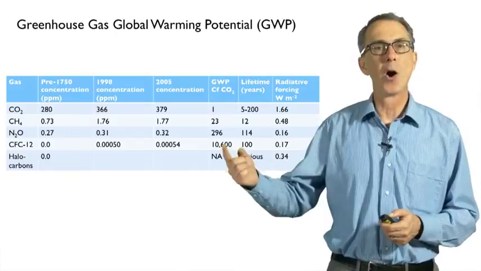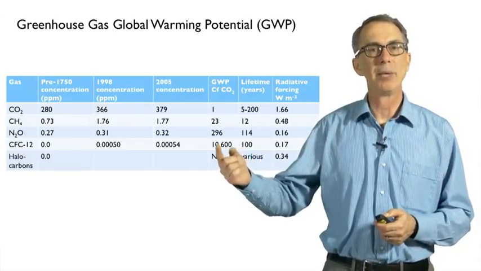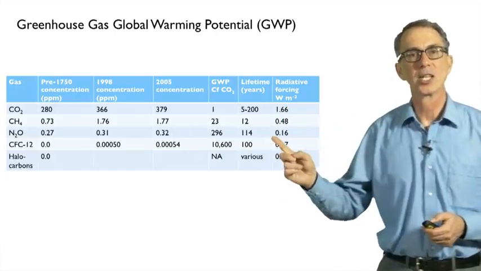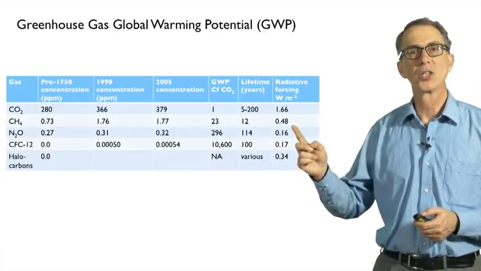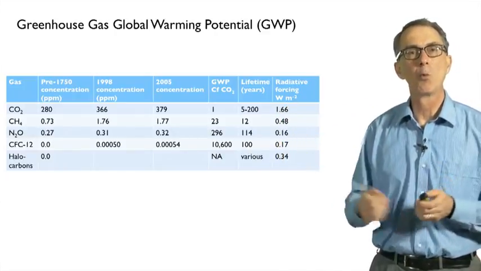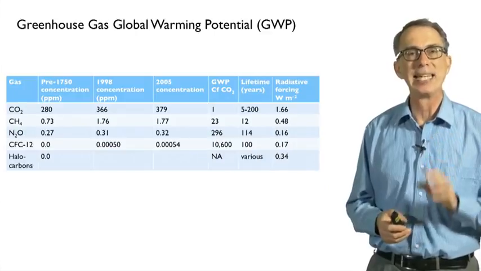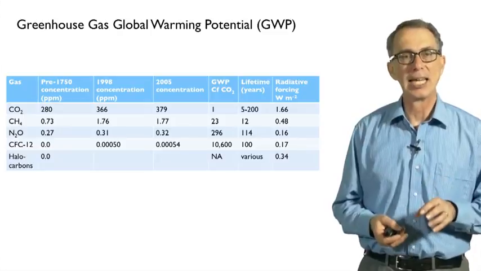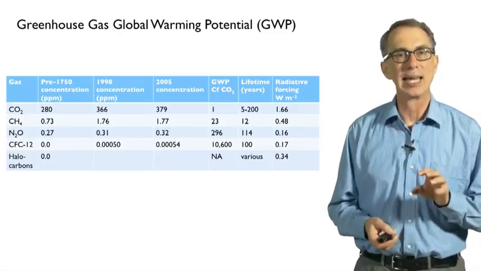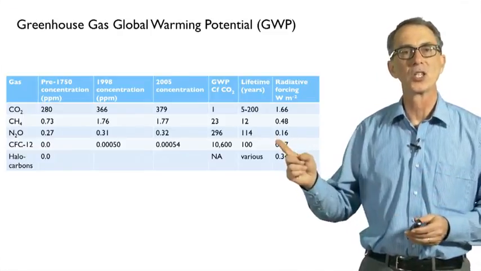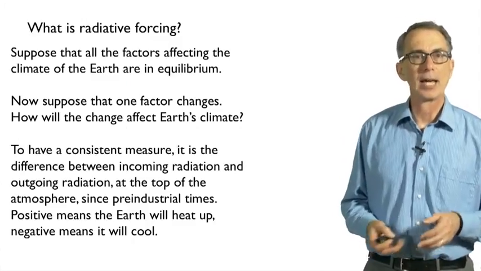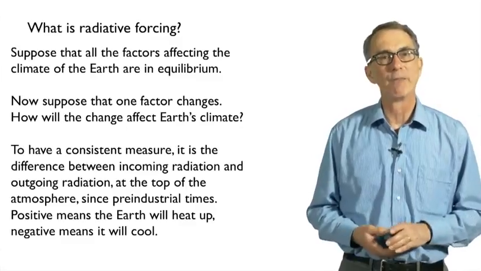So when we combine the amount that's been emitted with the global warming potentials, we get the net impact just here of all these gases, their net impact in what's called their impact on the radiative forcing. And the radiative forcing is the change, the relative change in radiation due to these gases being added to the atmosphere. And in the next slide, we're going to find out a bit more about what radiative forcing means.